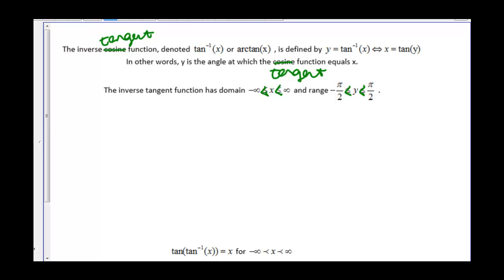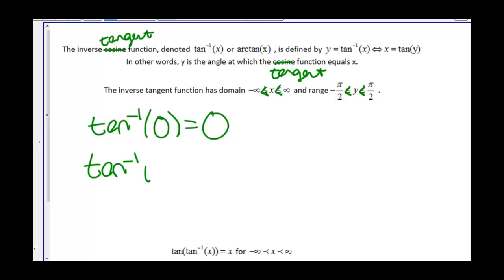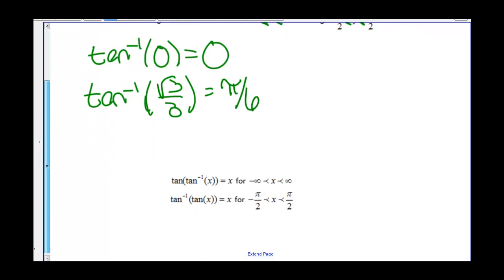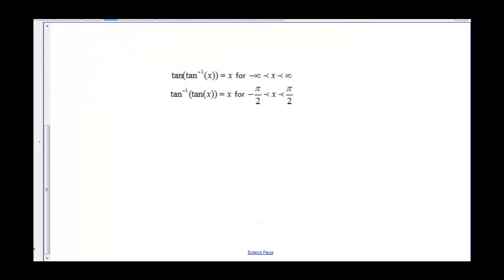So if we want to find the inverse tangent of 0, using our chart of tangent values, we get 0. If we want to find the inverse tangent of square root of 3 over 3, we are going to get pi over 6. So just like we had our cancellation for cosine and sine, we have the same thing for tangent.